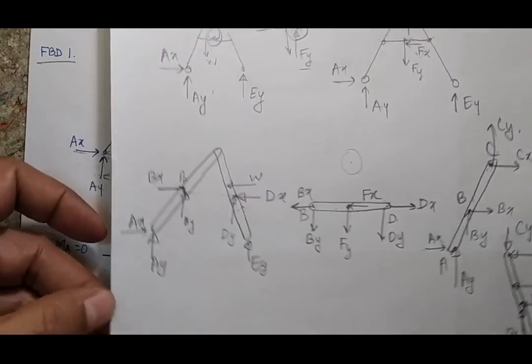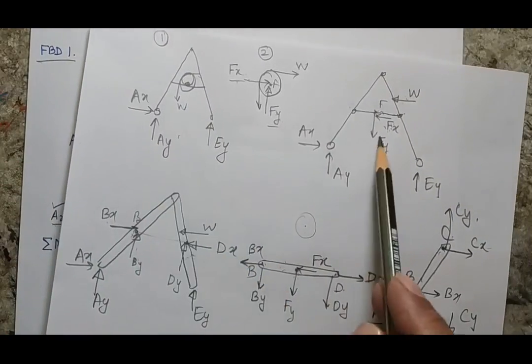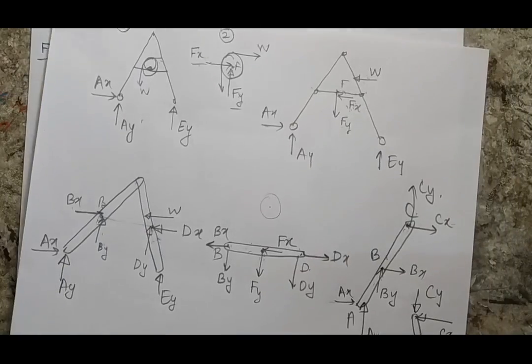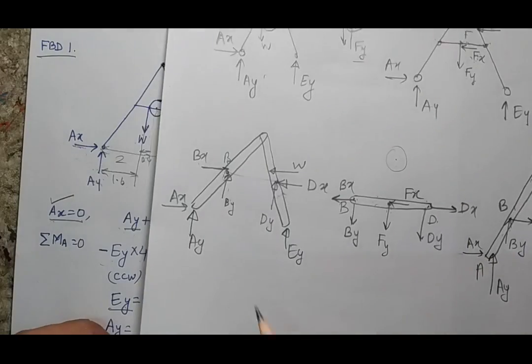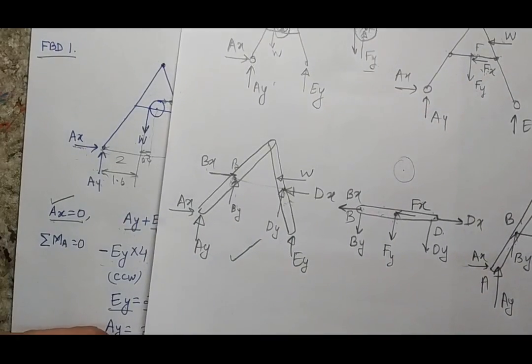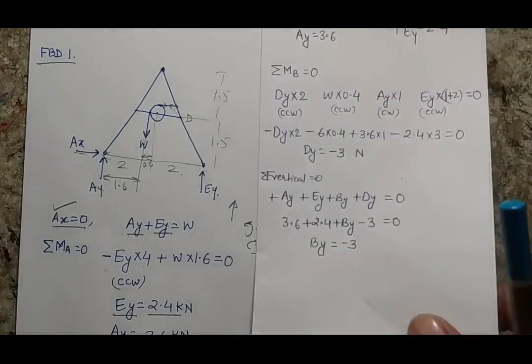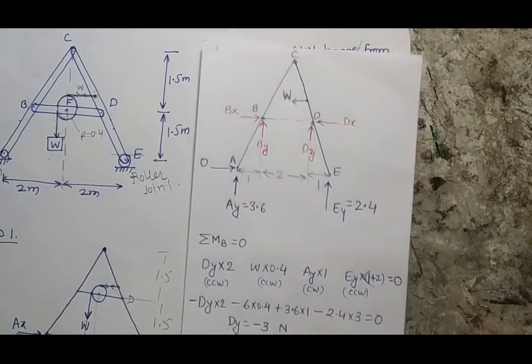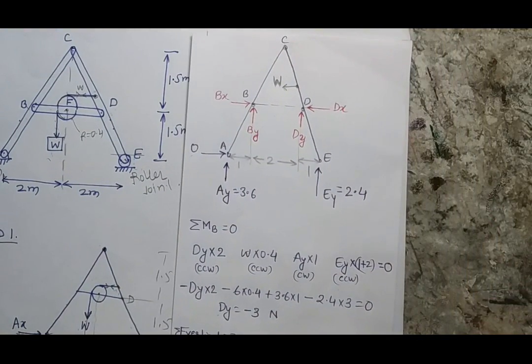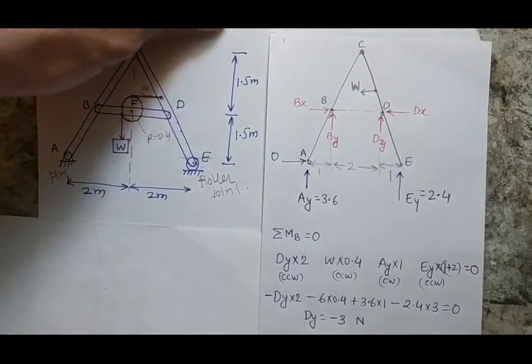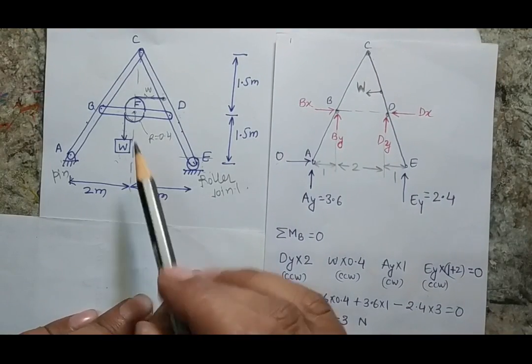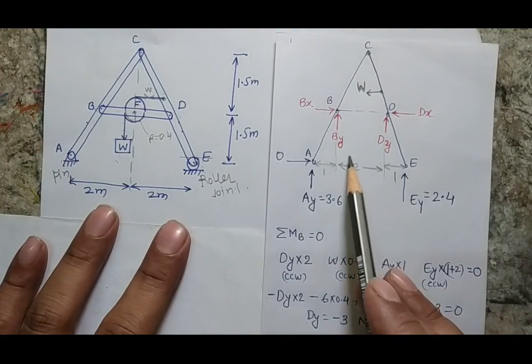Now let's again check what would be the next free body diagram. I have a choice of a number of free body diagrams. I can take this one, this one, this one, anyone. So what I will do, I will take this as my next free body diagram. I'm showing it so that we can compare that this was the total bar and this is my free body diagram.